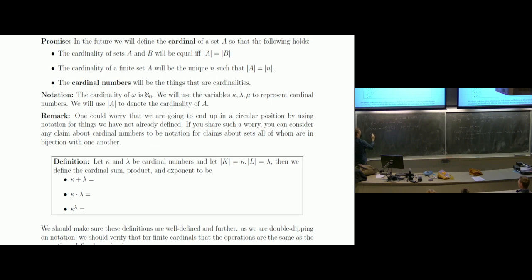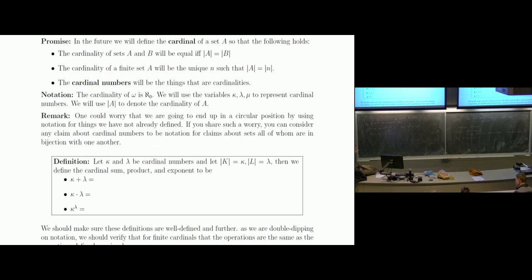And cardinal product is, sadly, something where we no longer can use our apple analogy because I don't know how to multiply numbers of apples. I don't know if this is intuitive or not. The size of kappa times lambda is equal to the size of the product of sets of the same size. That's how we're going to define these.